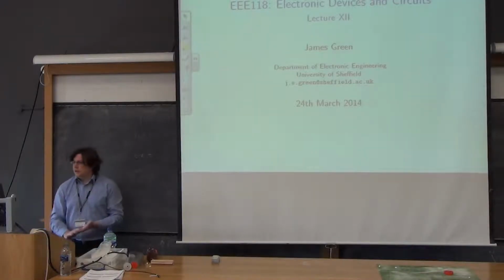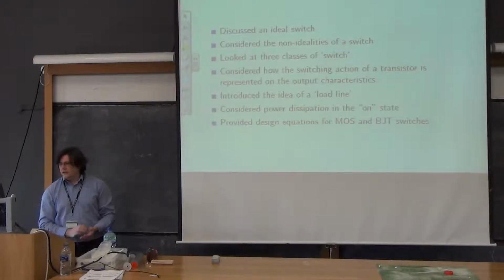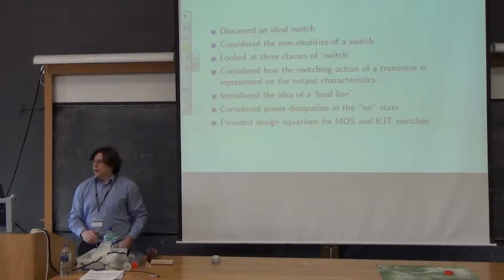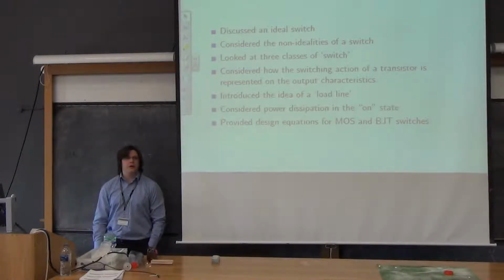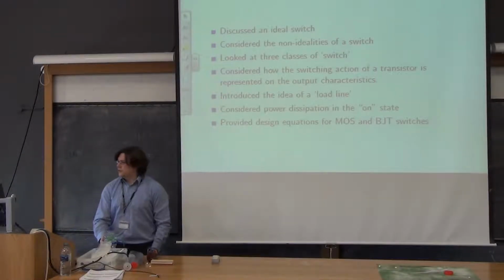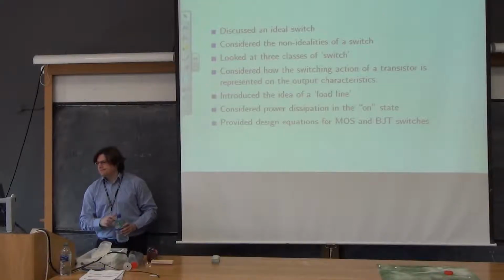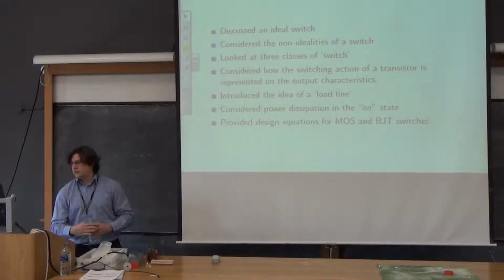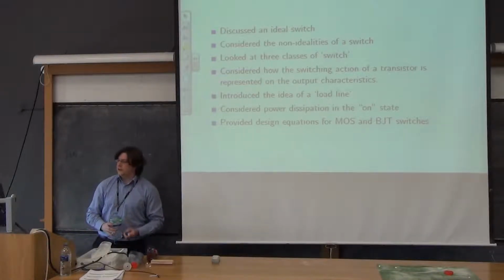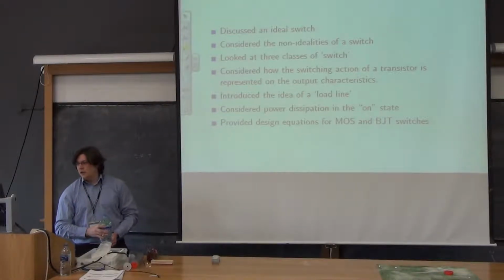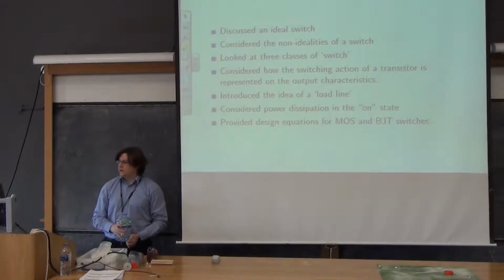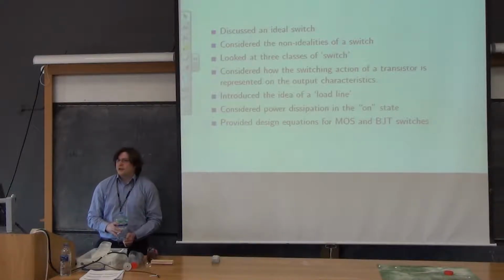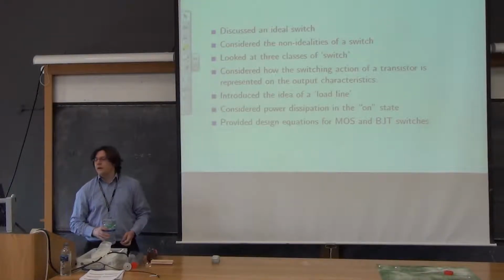This is lecture 12, and in the last lecture we discussed an ideal switch and considered the non-idealities of a switch. And then we looked at three classes of switch, that was to say the mechanical switch, the electromechanical switch, and the electronic switch. And we spent some time considering how the switching action of the transistor is represented on the characteristics.